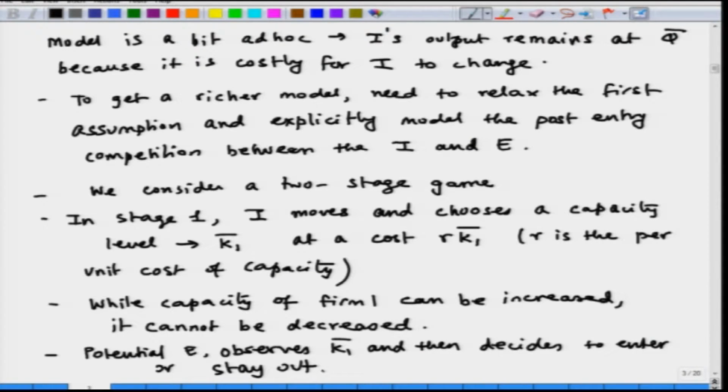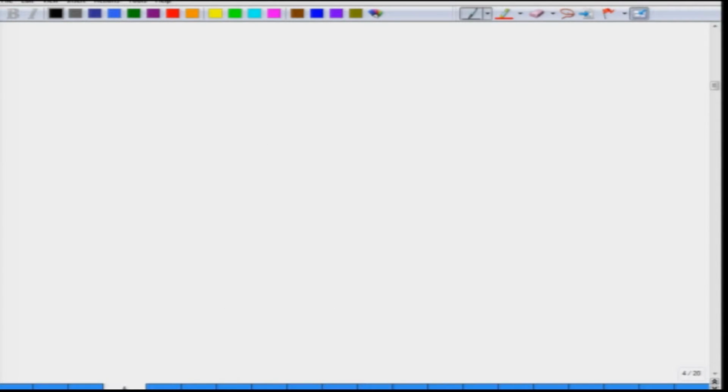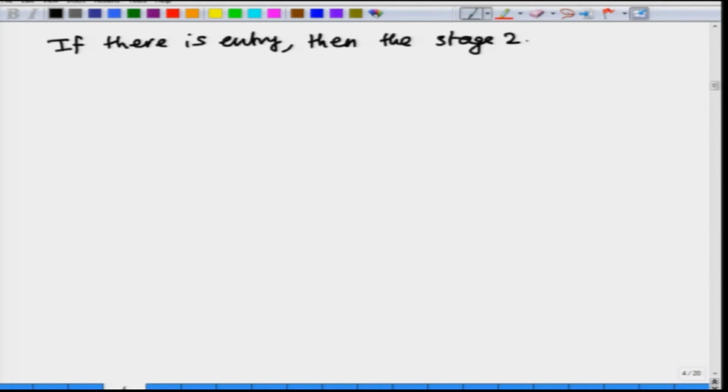If it enters, the post entry competition is Cournot, right. So, if there is entry, then the stage 2 competition is Cournot.